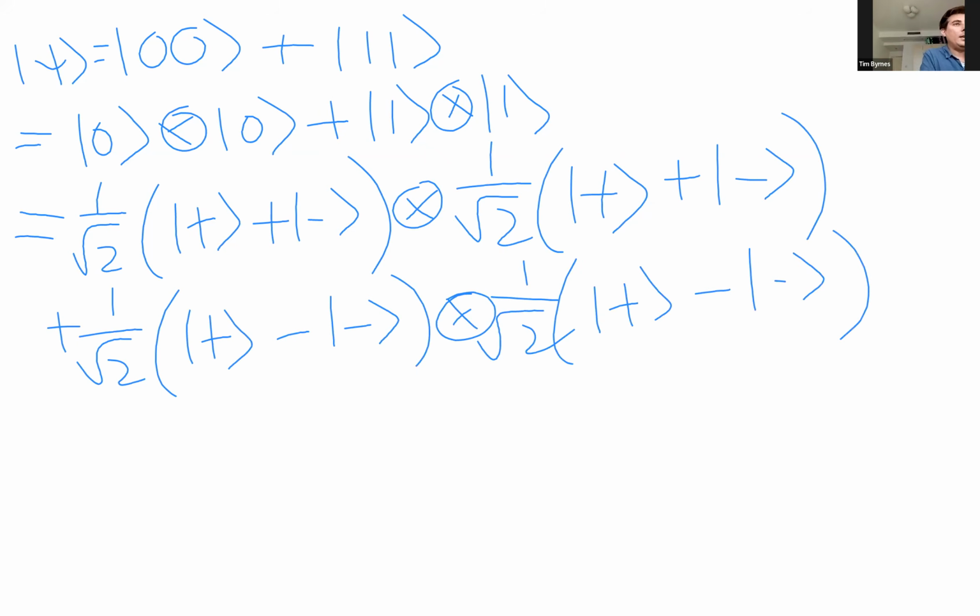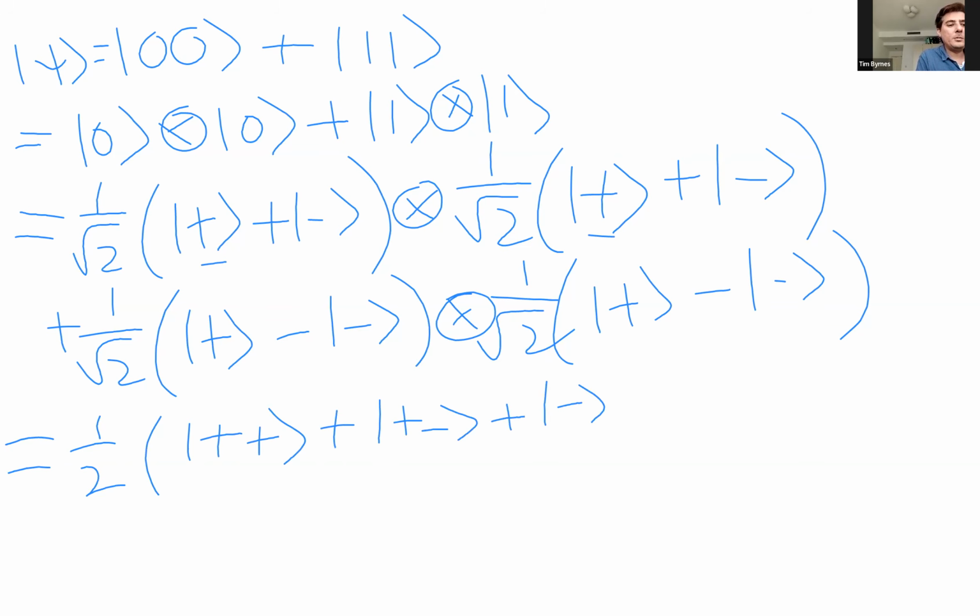Then we can just expand everything. It's going to be a half, and here you have the plus state, and you go through all four combinations. We've got plus plus, the second one is plus minus, the third one is minus plus, and the fourth one is minus minus. So that was the first line there.